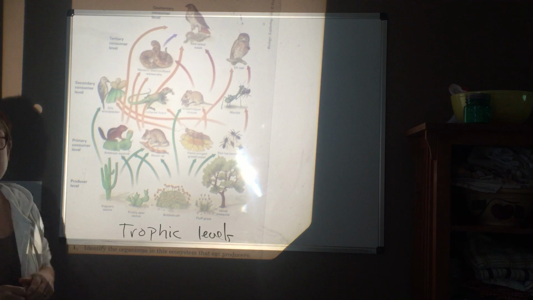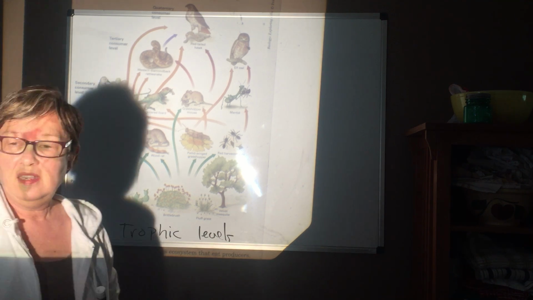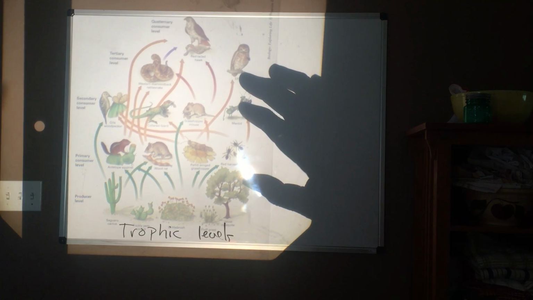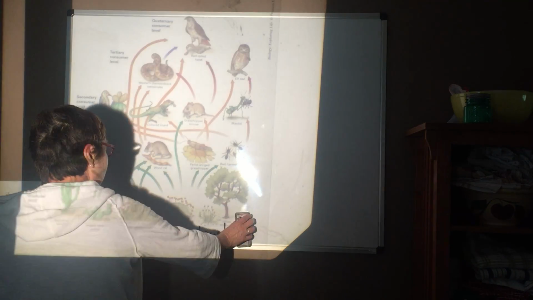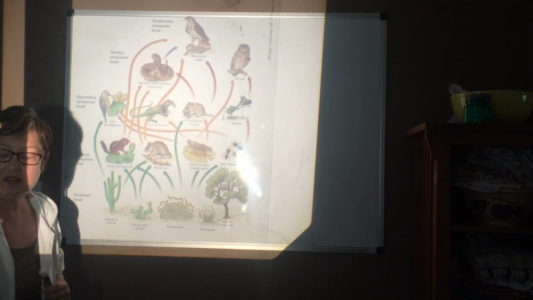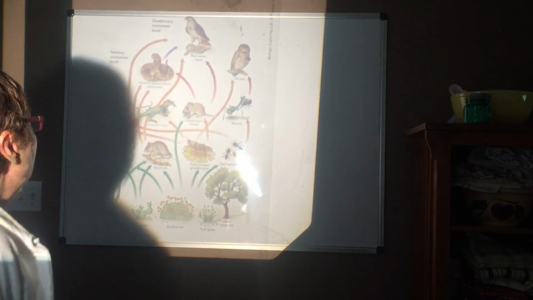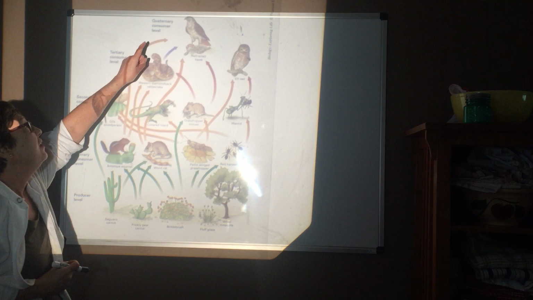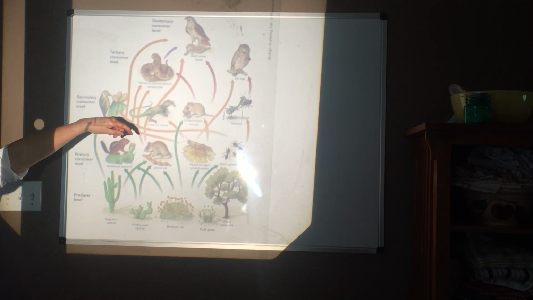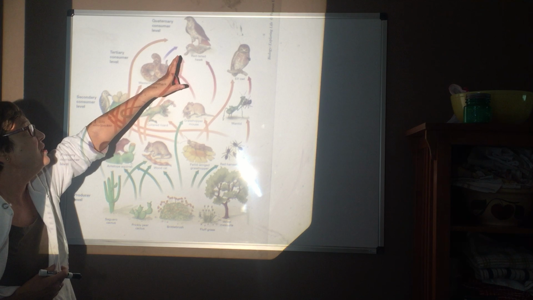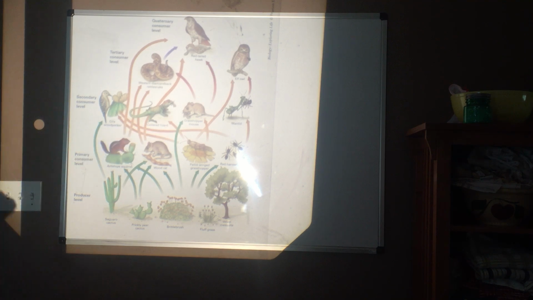And in this particular ecosystem, let me move this down so you can see at the very top, we actually have a fourth layer of consumers, which is called the quaternary consumer level, and that is illustrated by the red-tailed hawk.